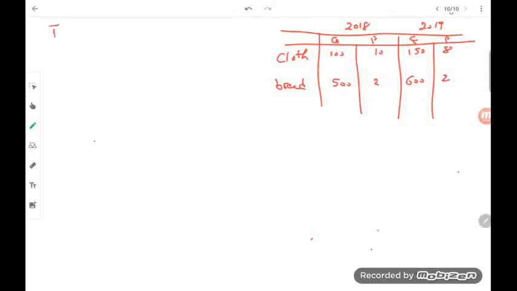Number 1, nominal GDP. For year 2018, it's calculated as 100 multiplied by 10 plus 500 multiplied by 2. This is 2,000.